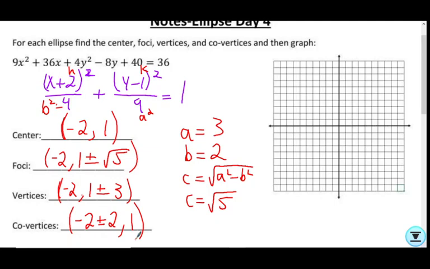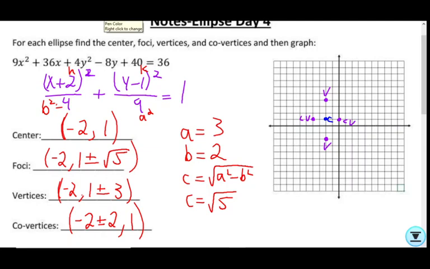So let's graph it. We start with our center, negative 2, 1, right there. Then my vertices, which go up 1, 2, 3, since it's vertical, down 1, 2, 3. Then my co-vertices, I go left and right 2. So these are my co-vertices, and these are my vertices.